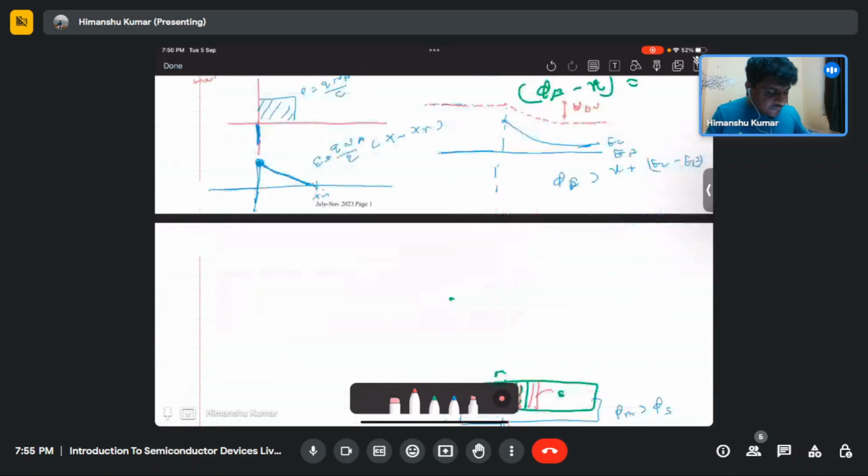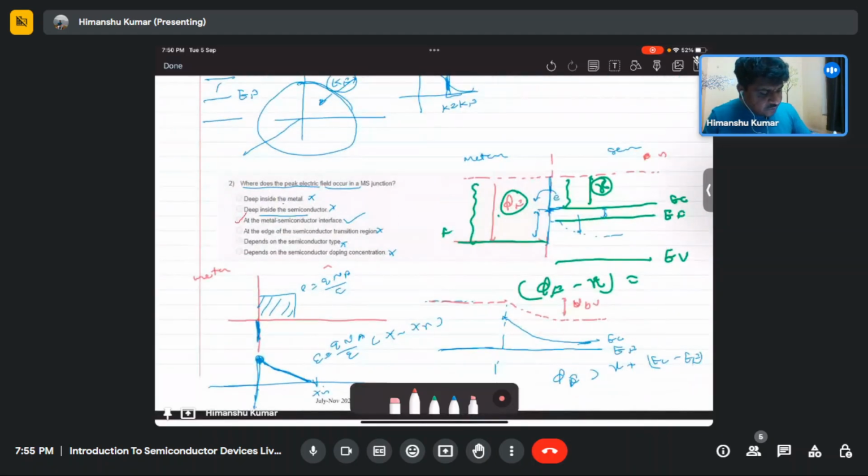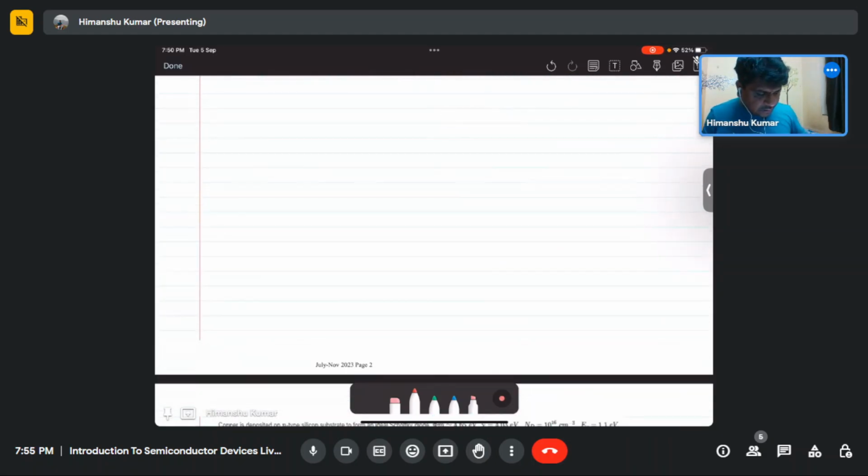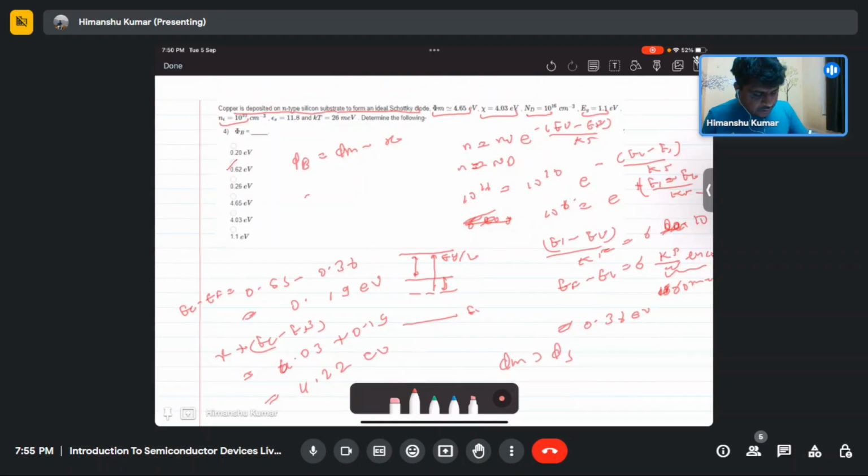Putting in the appropriate values, this is 4.65 minus 4.03, which becomes 0.62 electron volt. So the correct answer will be 0.62 electron volt.